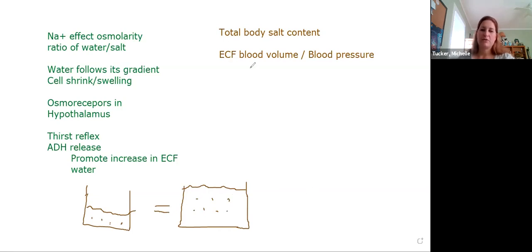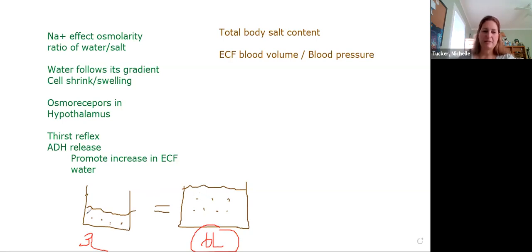But if you are thinking now about blood volume, is your body going to be okay with 3 liters of blood flowing through your system versus 6 liters of blood flowing through your system? You need this one to survive.